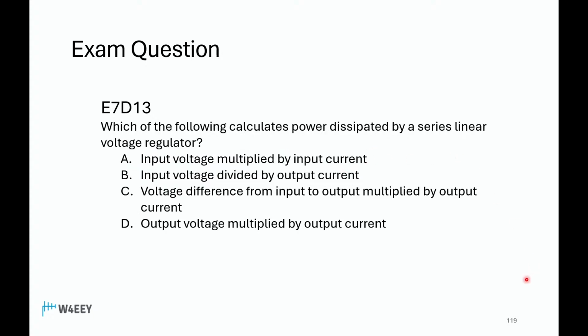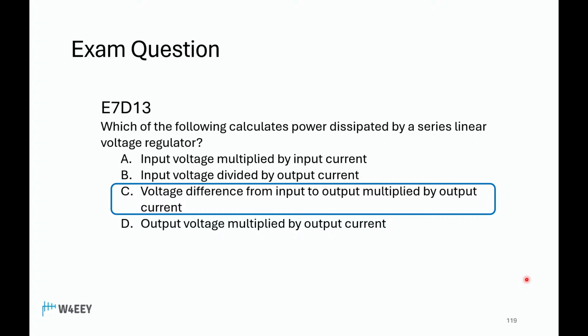Which of the following calculates power dissipated by a series linear voltage regulator? This one you might have to think about. Remember your Ohm's law. Charlie. It is Charlie. Voltage difference from input to output multiplied by the output current.